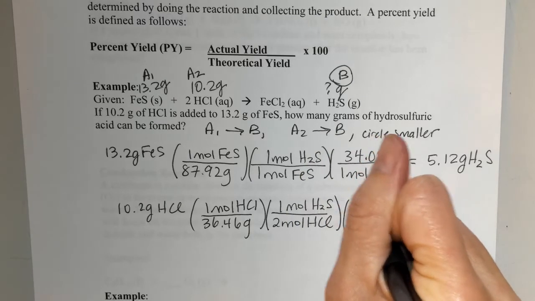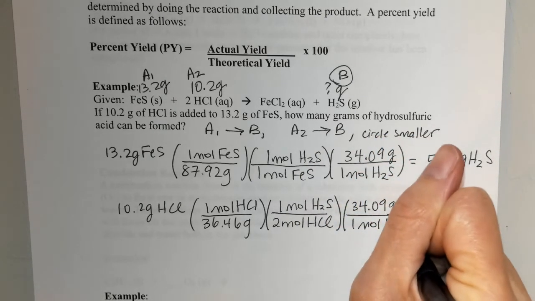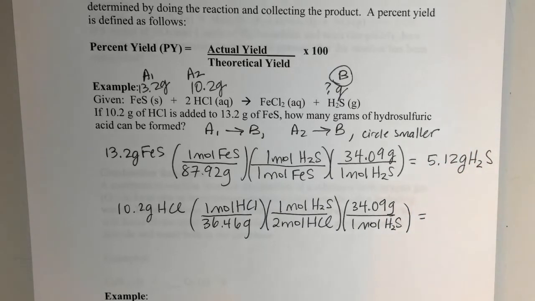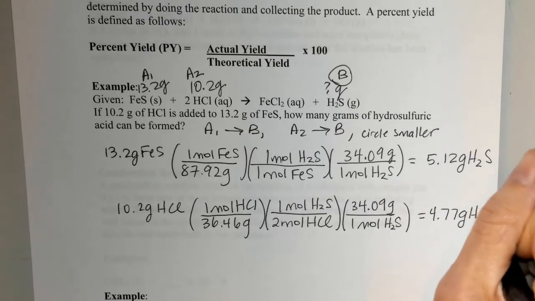And then that molar mass is the same, 34.09 grams per mole of H2S. So if I take 10.2 divided by 36.46 divided by 2 times 34.09, this one says 4.77 grams of H2S.